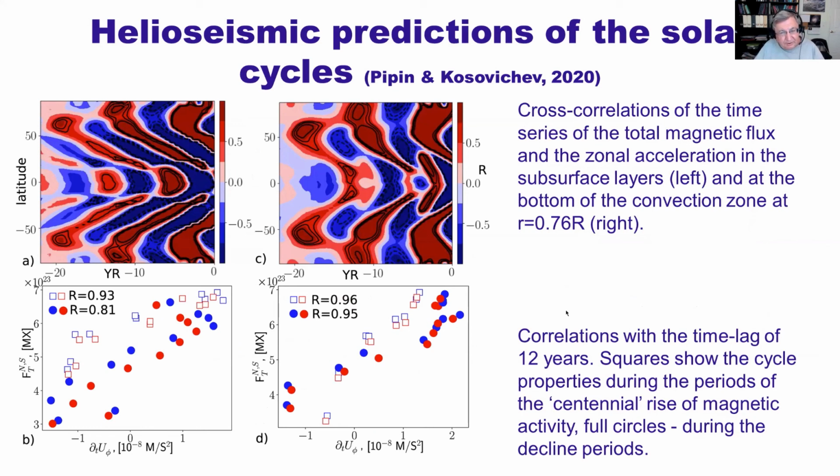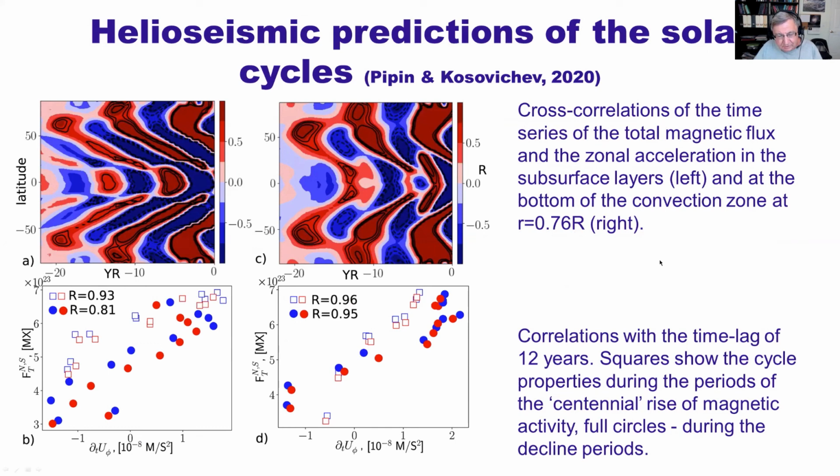And we look also at the bottom, at what I previously claimed: that perhaps if we measure torsional oscillations at the bottom of the convection zone, we can predict the next solar cycle. So we look at correlation. This shows the continuous correlation coefficients between the zonal acceleration at the bottom of the convection zone and total magnetic flux.